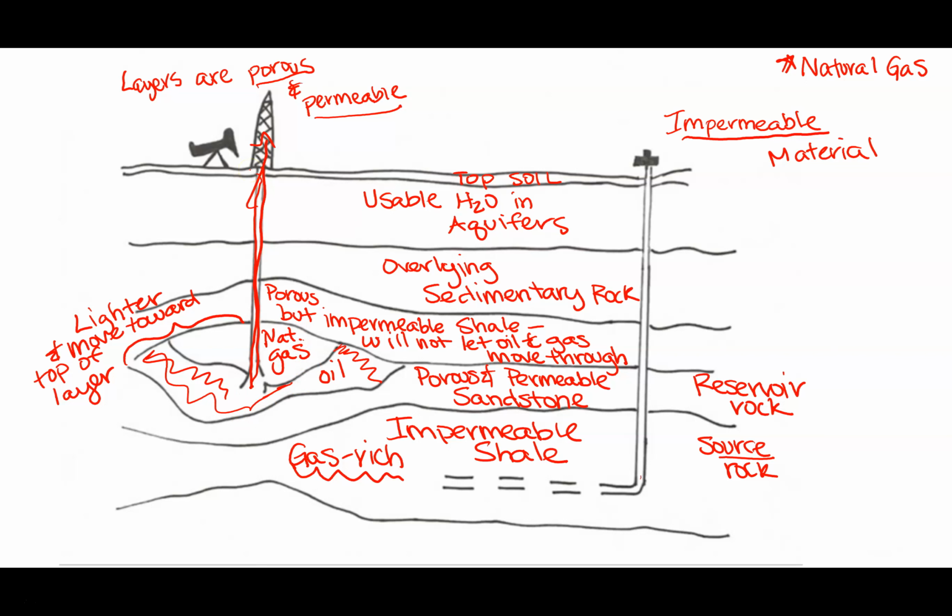That's what oil and gas people have been looking for years. They know this sequence of layers. They know to find something that is porous and permeable, that is like this, and then that's followed by something that's impermeable, and then look for this bubble. Drill down in there, and then suck it up with a straw, called an oil well.